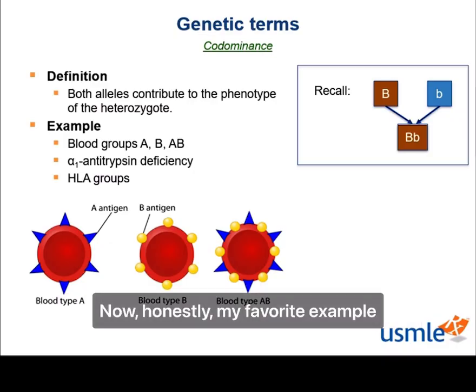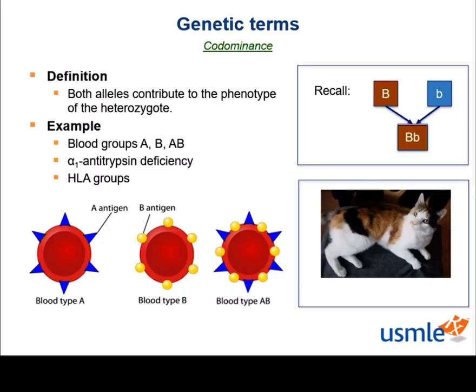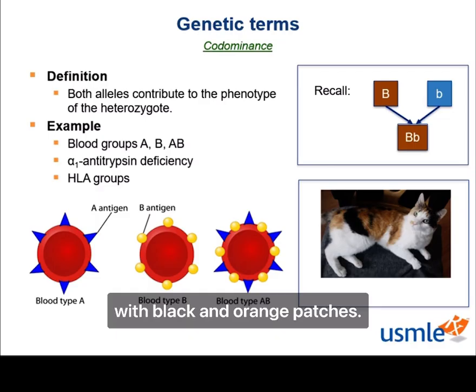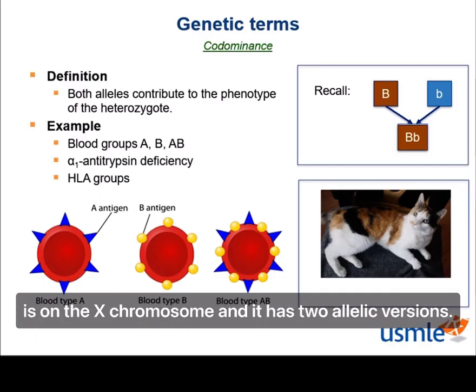Now, honestly, my favorite example of codominance isn't even human. It has to do with this image. Isn't it cute? This is a calico cat, and it is a white cat with black and orange patches. One of the genes that encodes fur color is on the X chromosome, and it has two allelic versions.